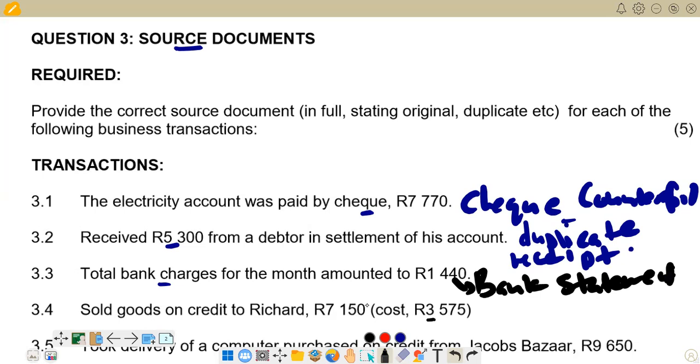So the source document that we can put there for 3.4 is a duplicate invoice. So here we can indicate that it's a duplicate invoice.